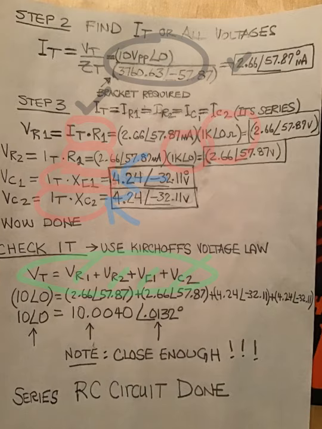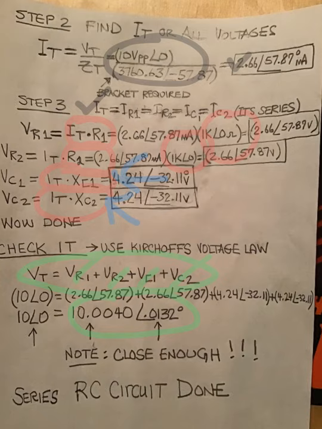You cannot lose the voltage. So if you look at the voltages that we just computed above and we add them, we end up with 10 volts at 0 degrees for a battery is equal to 10 volts, 0.0040 at an angle of 0.0132.